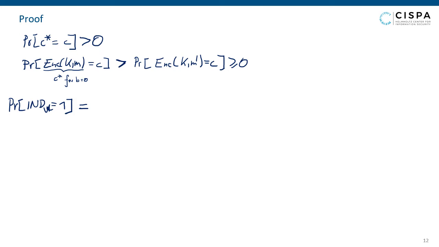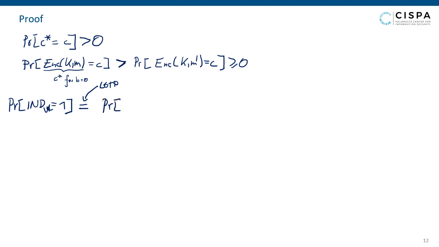The tool to take this apart is the law of total probability. My adversary does something interesting if the challenge ciphertext C star is C. If it's not equal to C, he does something random. So the interesting case is if C star equals C.